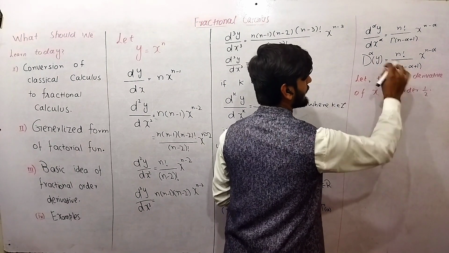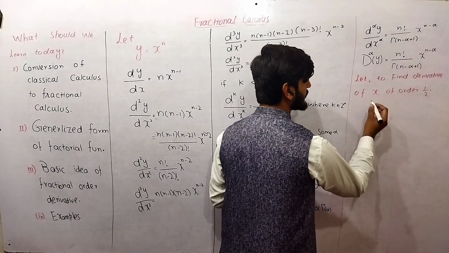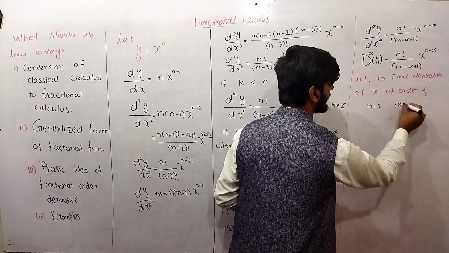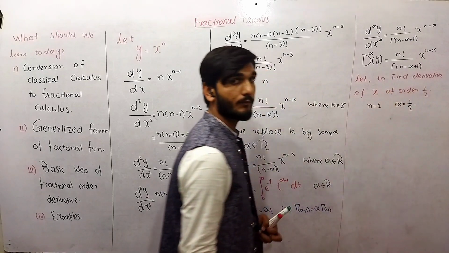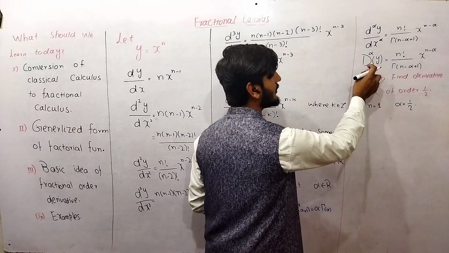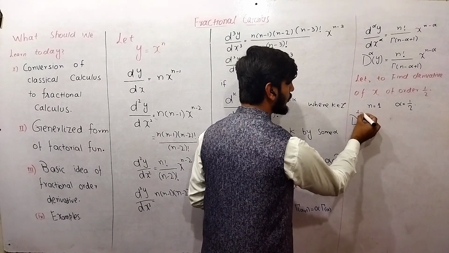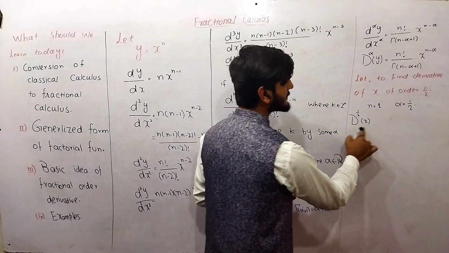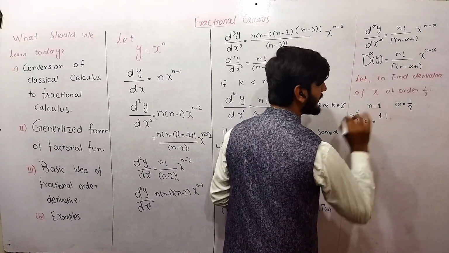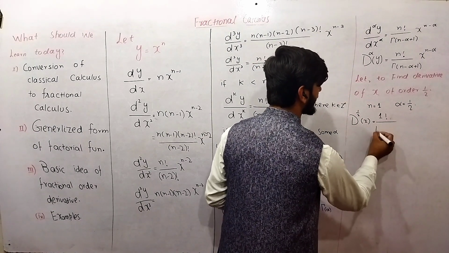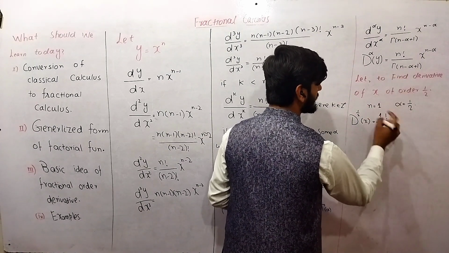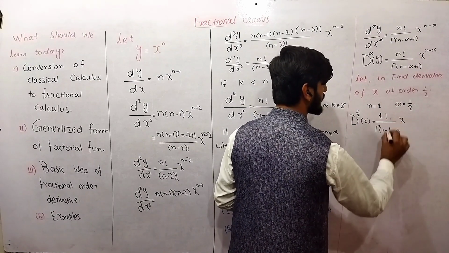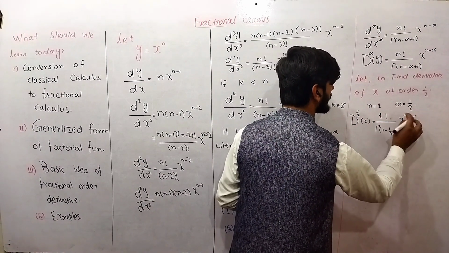So n is equal to 1 and alpha is equal to 1 over 2. Replacing the values in the formula, the half-order derivative of x is equal to 1 factorial over gamma of 1 minus 1 over 2 plus 1, times x raised to the power 1 minus 1 over 2.